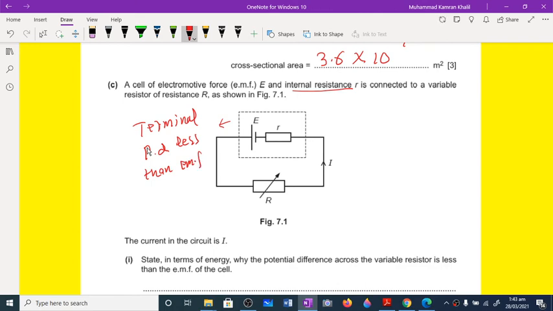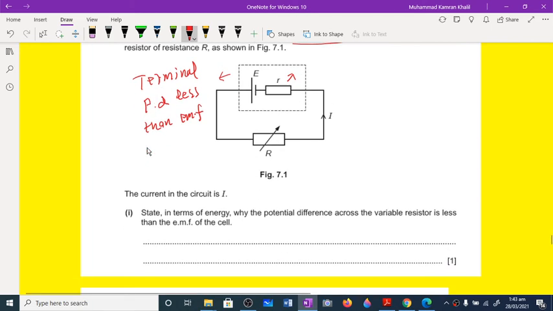The reason is that, due to the presence of the internal resistance, energy will dissipate in the cell due to internal resistance.